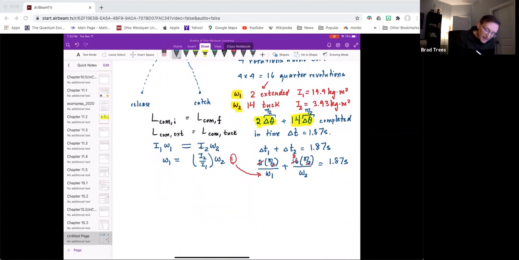So I have pi over omega 1 plus 8 pi over omega 2 must equal 1.87 seconds. If we want to factor the pi out, we can. And for the omega 1, I'm putting in I2 omega 2 over I1. And then I have an 8 over omega 2. Now I'm going to factor the omega 2 out front. It'll be downstairs though.